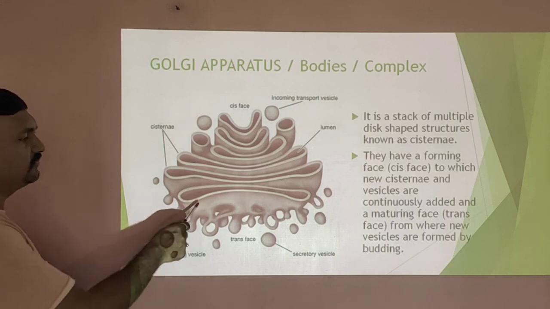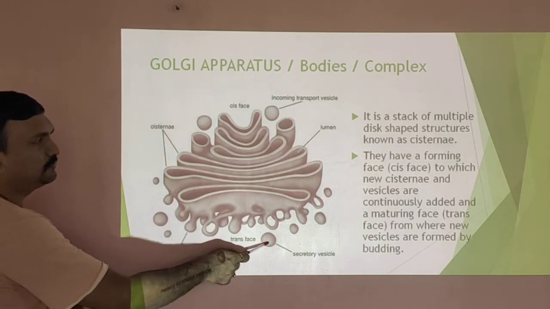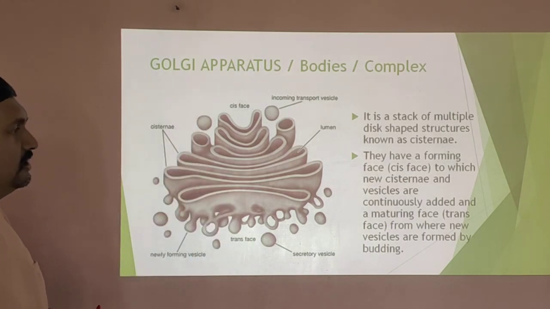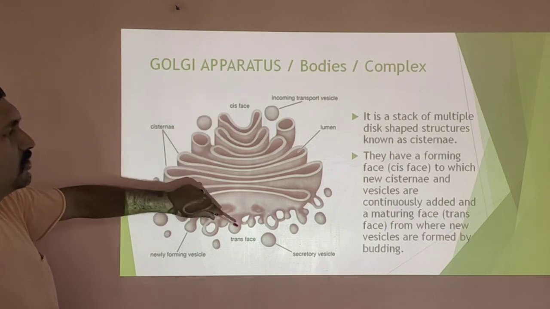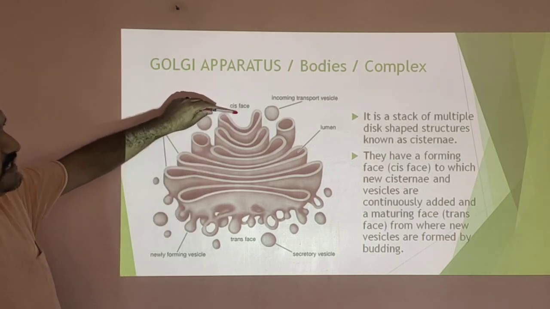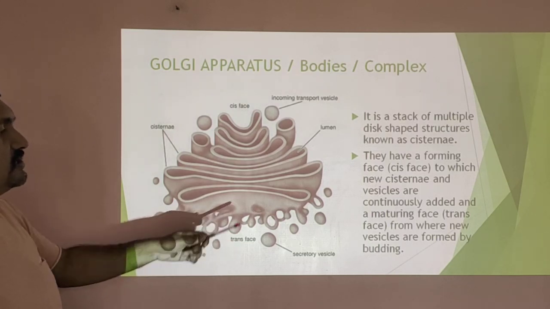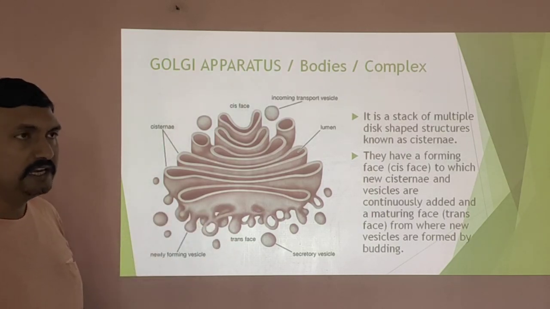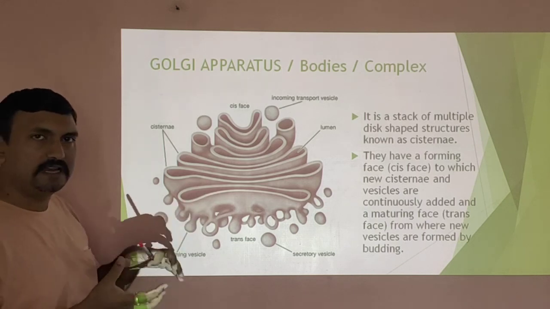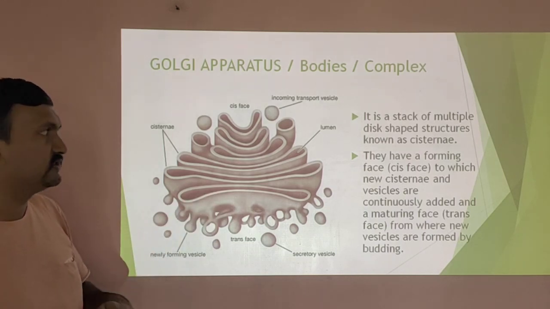These cisternae are formed by fusion of specialized vesicles. Now there are two phases in Golgi bodies. One is called the cis phase, which is the forming phase, and the trans phase, which is the maturing phase. Golgi bodies does not remain like that, it's not a static structure as such.